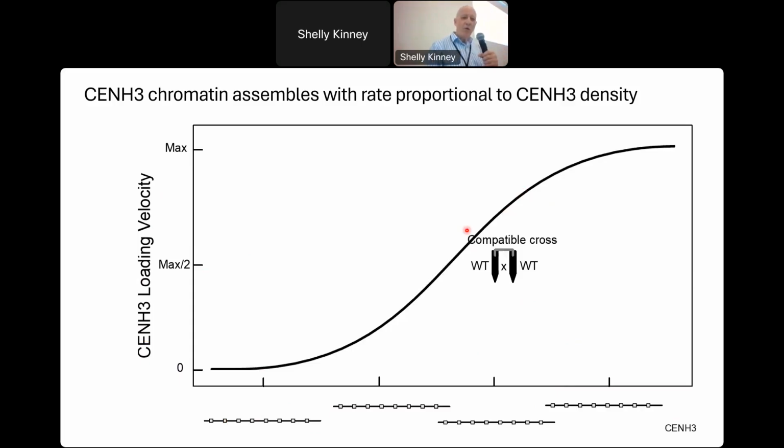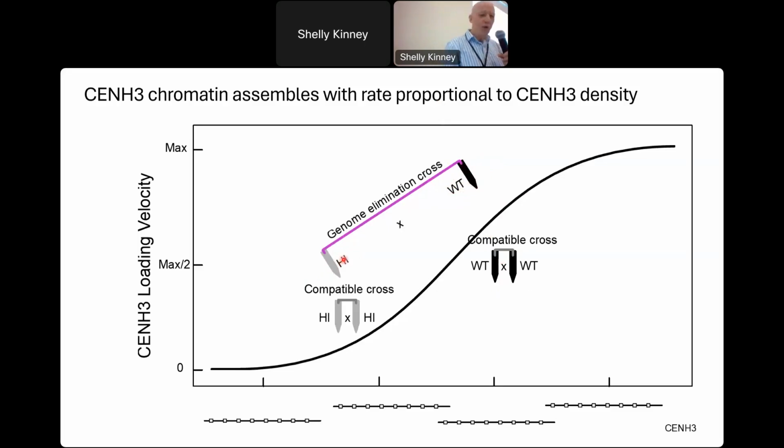If you think about a compatible cross, both centromeres are here. They both get loaded fast. If you have a haploid induction cross, one centromere set is subject to high velocity loading, the other one to low velocity. Now here's the important part. If you have two haploid inducers, then both are poor and both get loaded at the same speed, and the problem is solved.